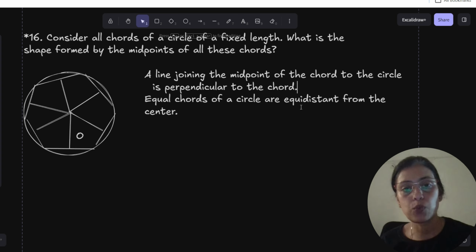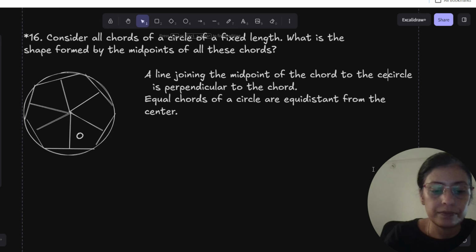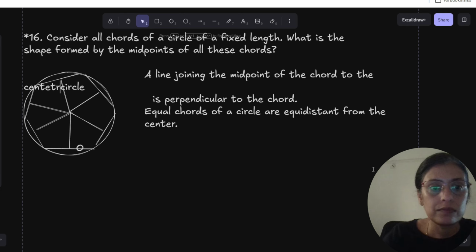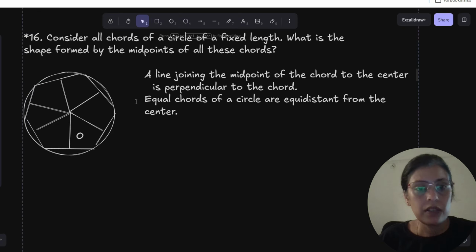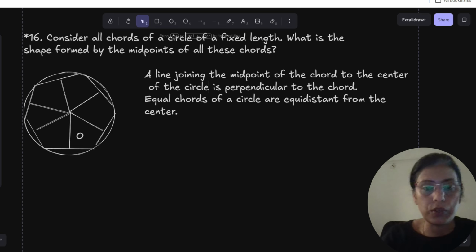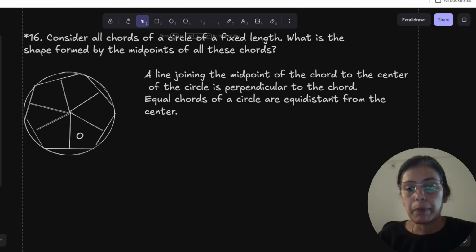And the converse of this was that a line joining the midpoint of the chord to the center of the circle is perpendicular to the chord.